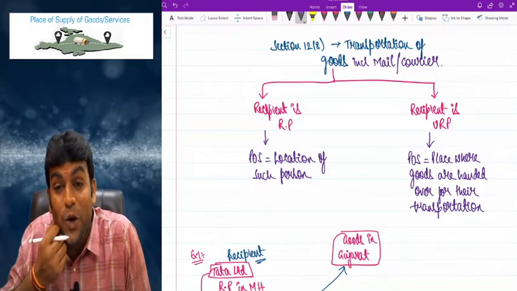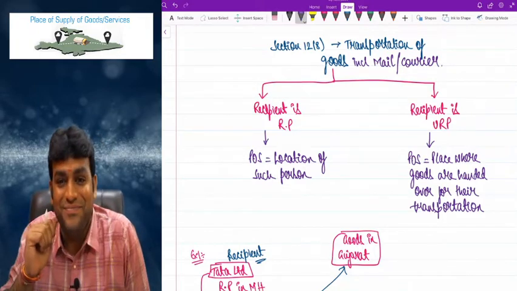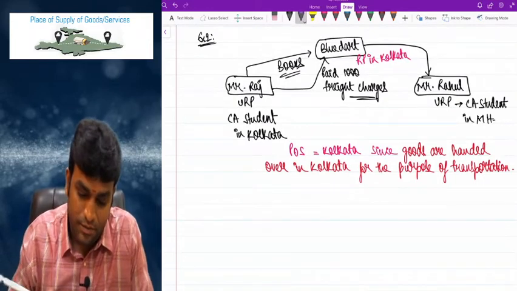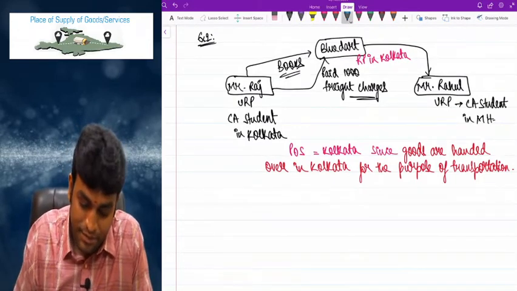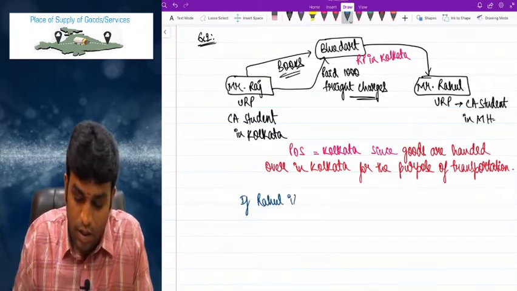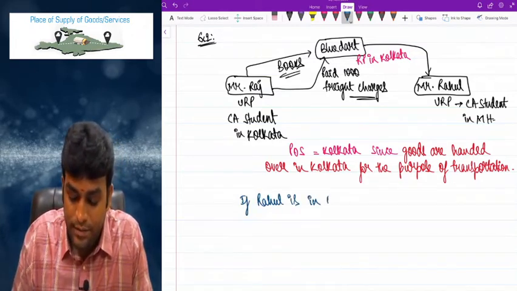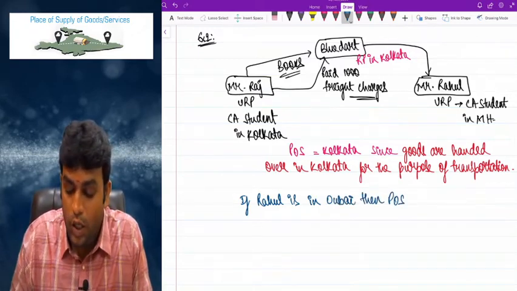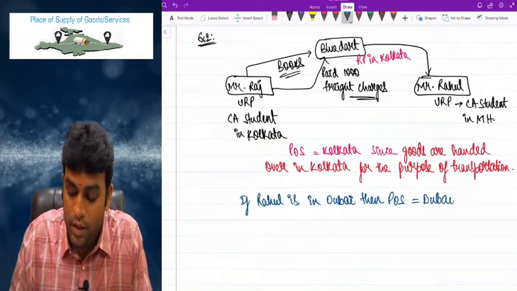Now one line I'll tell you. In this example, if Rahul is in Dubai, then place of supply is Dubai, sir.